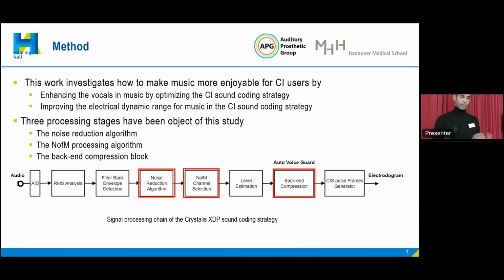So in this work, we specifically wanted to optimize the sound coding strategy, first, to enhance the vocals with respect to the background instruments using the noise reduction algorithm and the N-of-M channel selection. And second, to optimize the dynamic range of the music in this block, backend compression, having singing music as an input, not having speech in quiet as input.